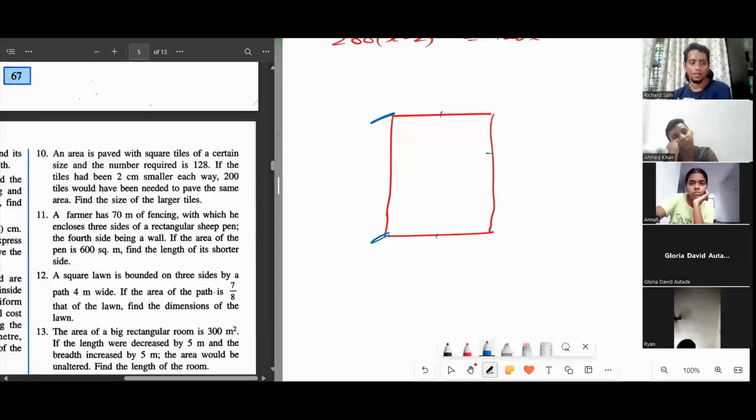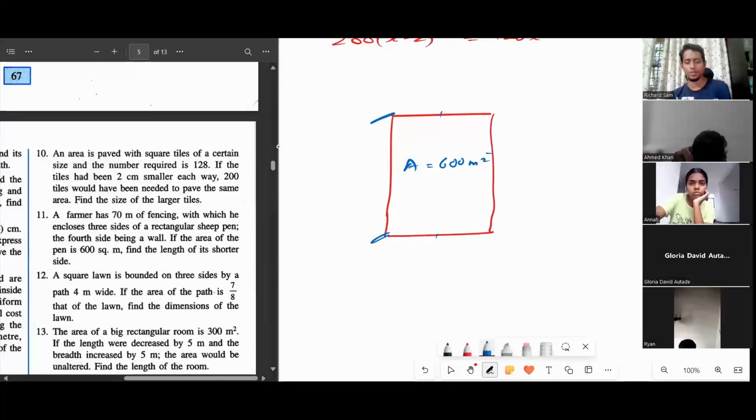What do we know? Let's take anything else that is given. The area of this pen is 600 square meters. Find the length of its shorter side. If we take the shorter side as x, then what will be the longer side?